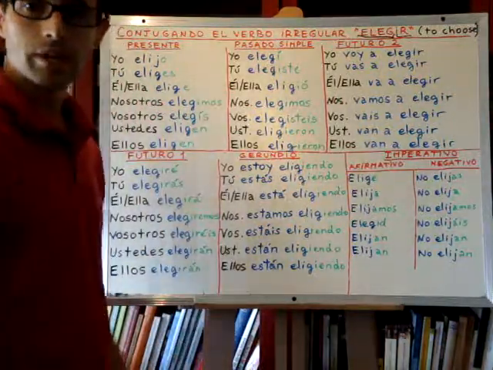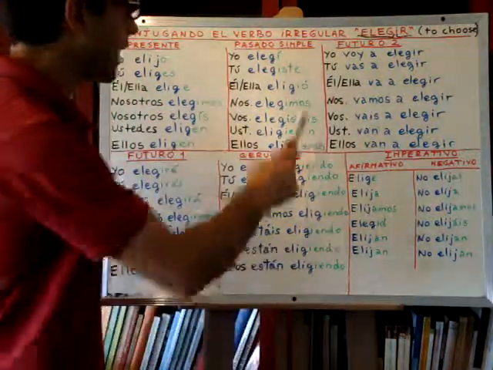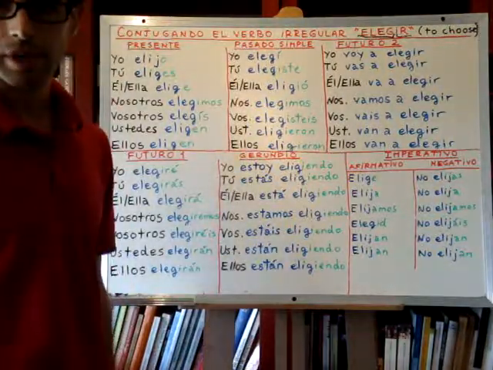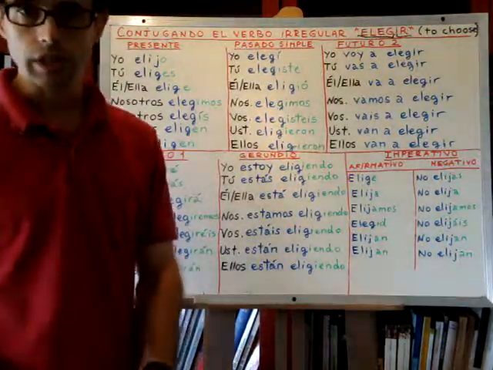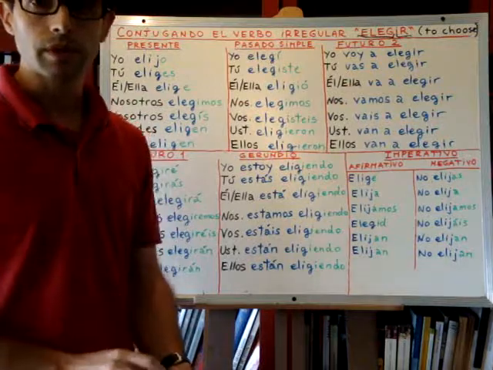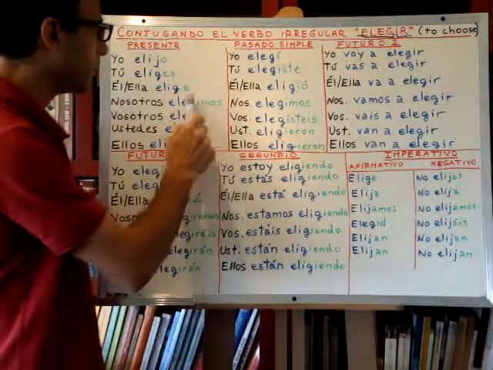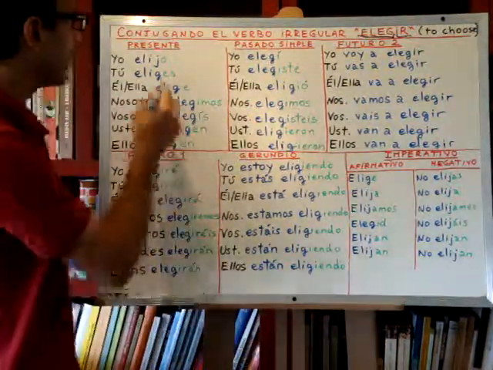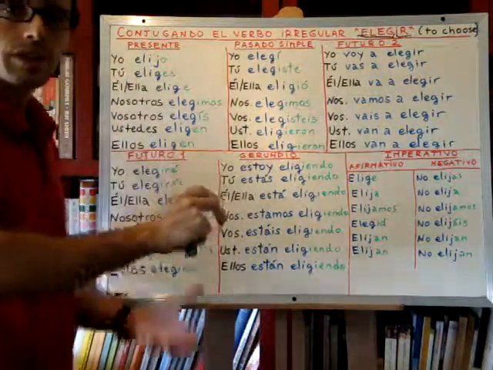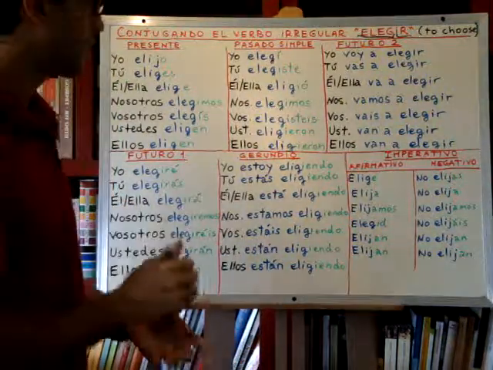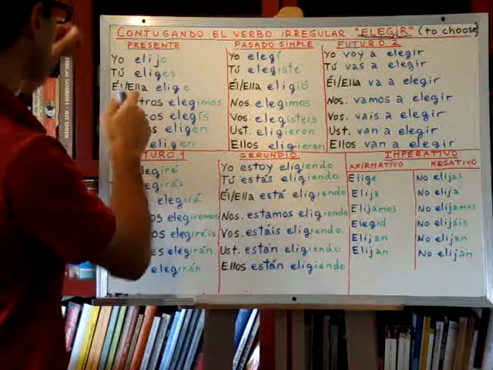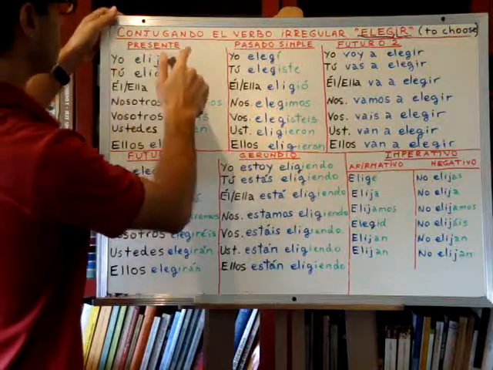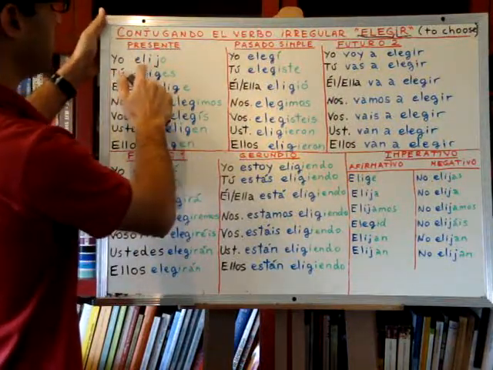And most irregular verbs in Spanish have the same regular ending, right? In Spanish, mostly verbs are irregular not because of the ending, but because the root of the verb changes in some way, okay? As here, you can see that instead of elige, it says elige, okay?